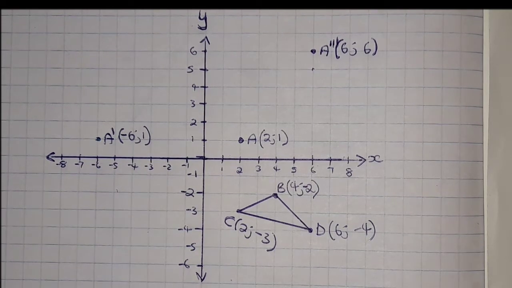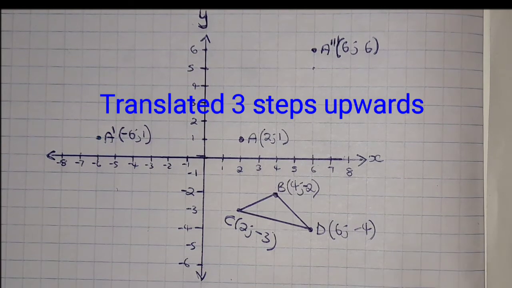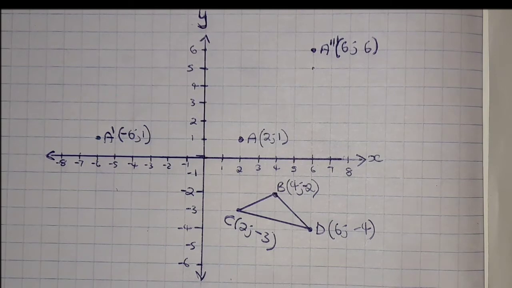And then the second one, I want you to translate A 3 steps upwards to create the second image of A.